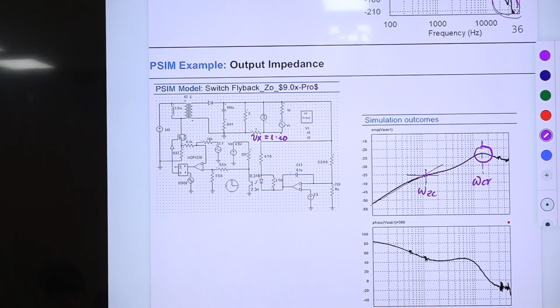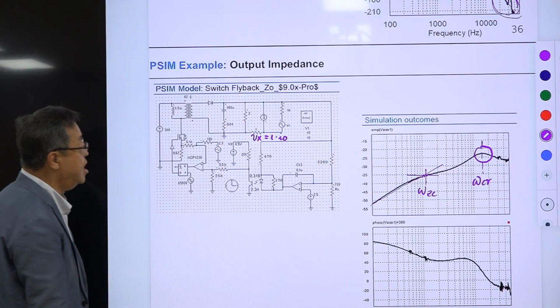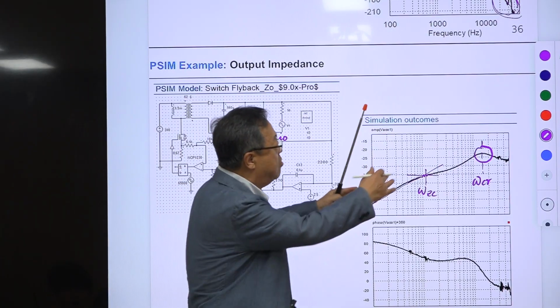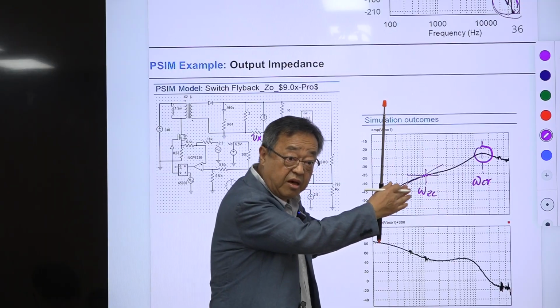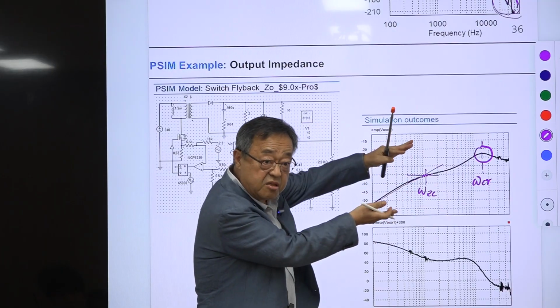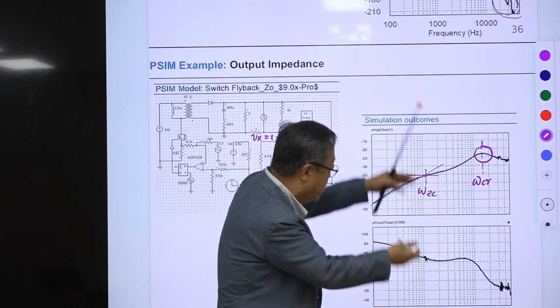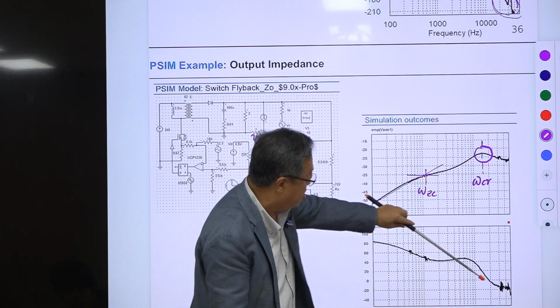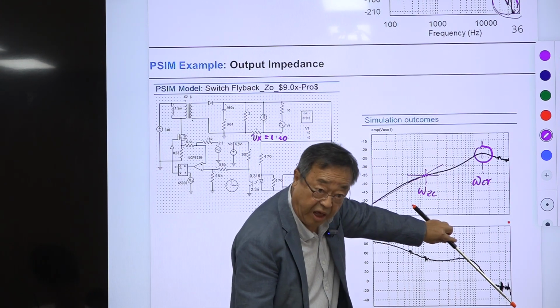Okay, this is the location of the loop gain crossover frequency, and this is second order because you are seeing some peaking. But the peaking is not big, so there is a minor peaking, and the phase is dropping gradually.